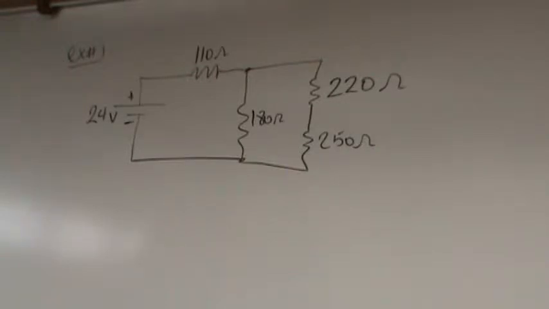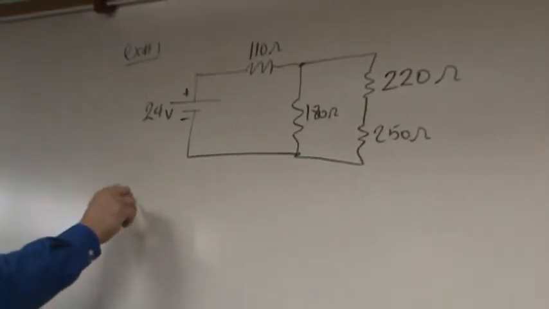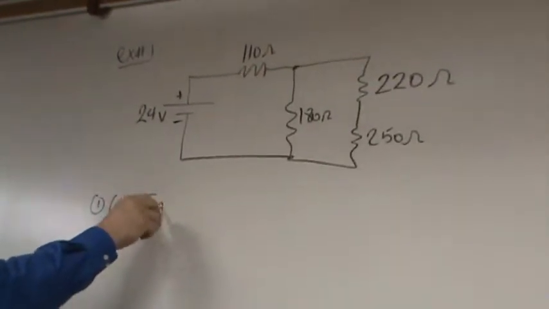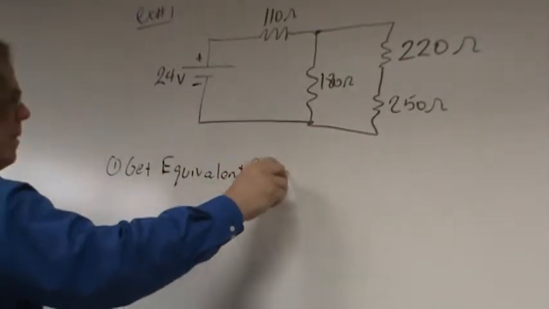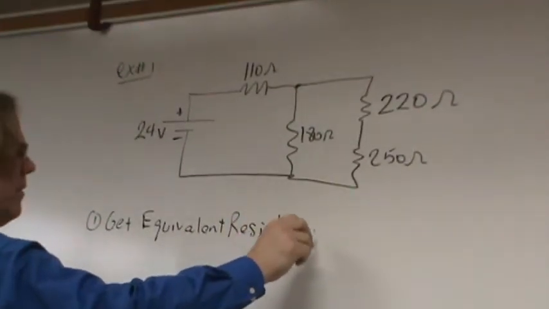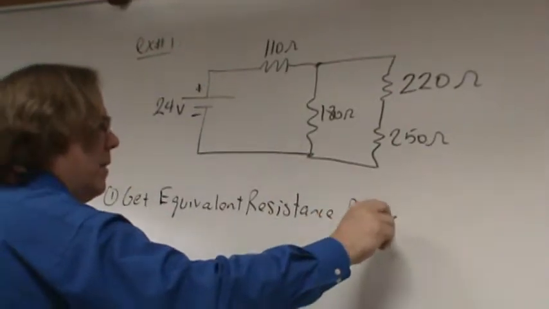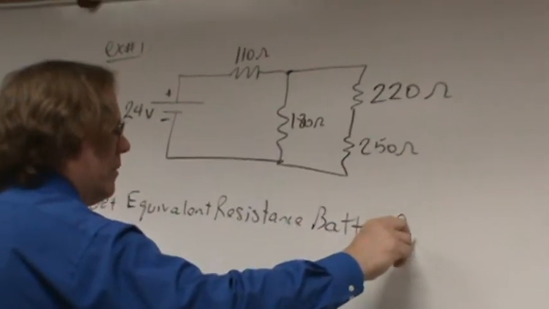Alrighty, resistors in series and parallel. We're going to do some simplification techniques. Suppose I asked for the following. Number 1, suppose I want you to get the equivalent resistance that the battery feels.